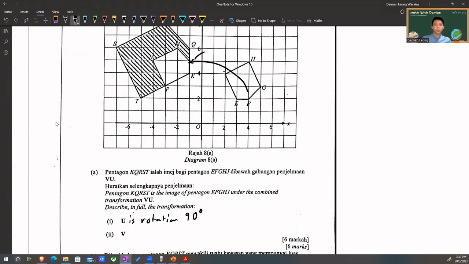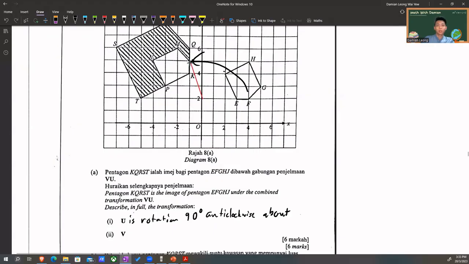So it must be this way, which is anti-clockwise. About, so I need to find the center of rotation. So you see, if it rotates this way here, definitely the center will be somewhere around this direction. So I can kind of use trial and error, and guess.